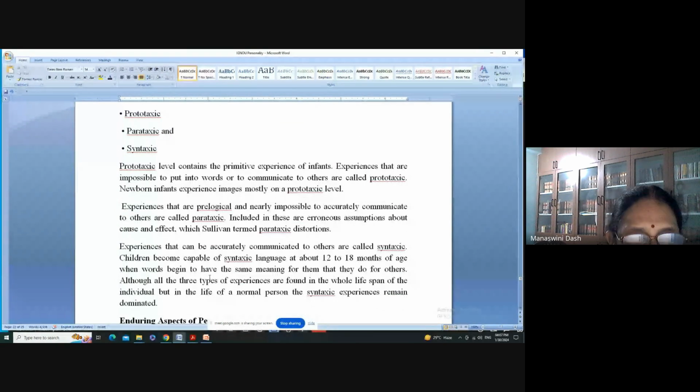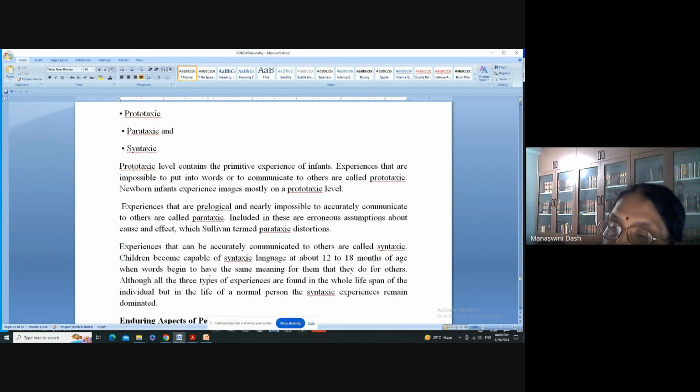Above the prototaxic level is the parataxic level. Experiences that are pre-logical are called parataxic. Included in these are erroneous assumptions about cause and effect. So children hold many assumptions which are not actually correct.